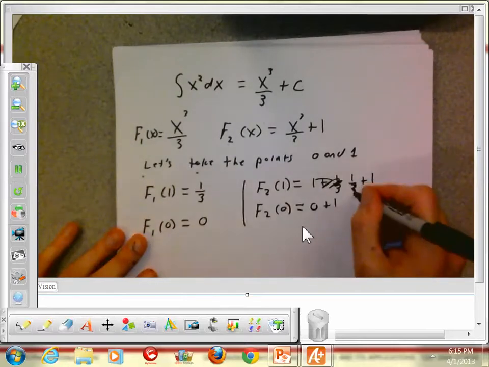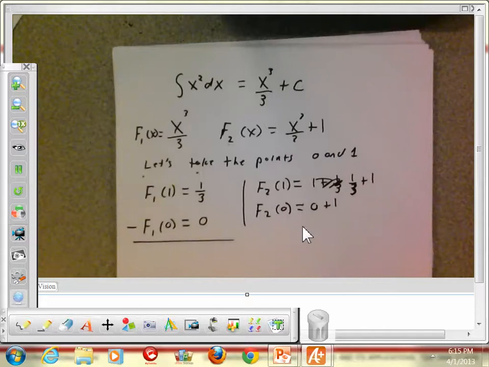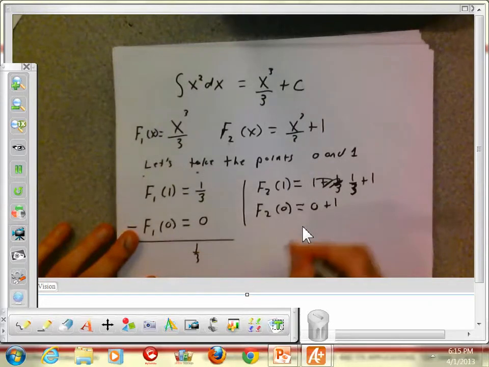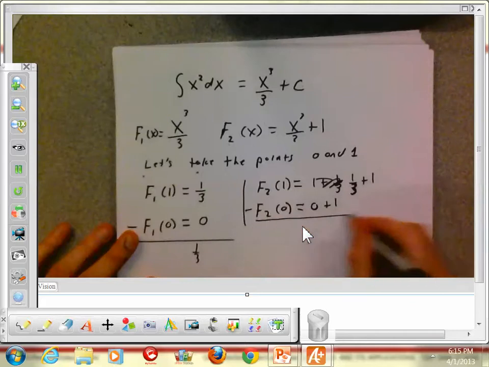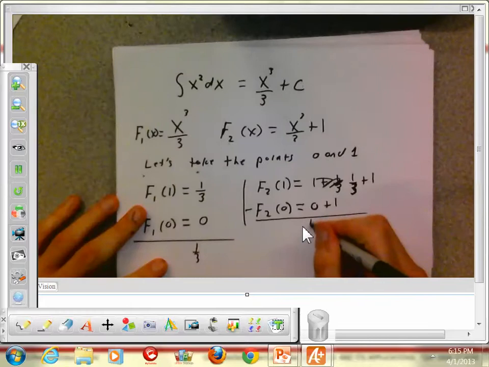Now let's subtract these. What is 1/3 minus 0? 1/3. And over here, what is 1 plus 1/3 minus 1? 1/3, right? Notice we got the same answer.